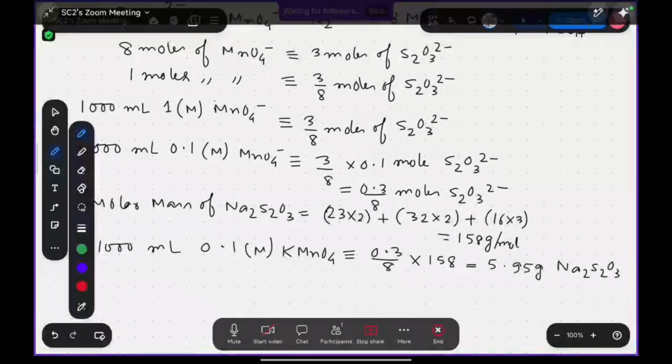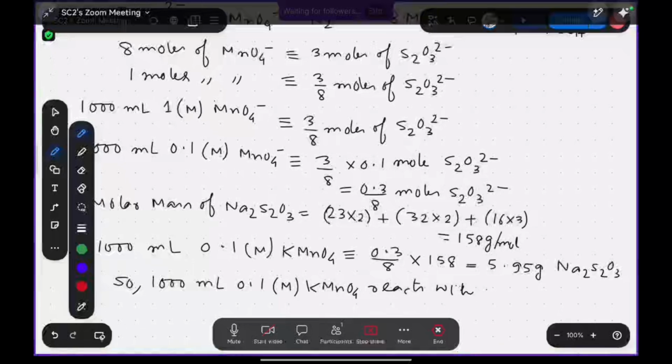We have calculated with respect to 1000 ml. That means 1000 ml 0.1 molar KMnO4 reacts with 5.95 gram sodium thiosulfate.